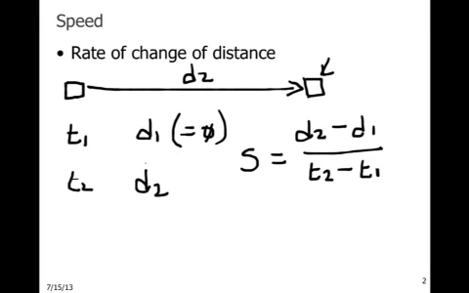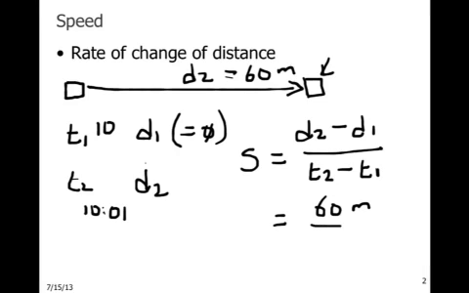If you plug in numbers, say d2 is 60 meters, t1 is 10 a.m. and t2 is 10:01 a.m., which is 1 minute later, we get 60 meters as the difference in distance and 60 seconds as the difference in time, resulting in a speed of 1 meter per second.